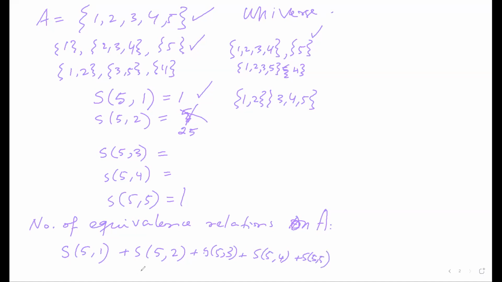Wow. Another way to write that is the number of equivalence relations is the sum of S(5,k), k from 1 to 5. Clear?